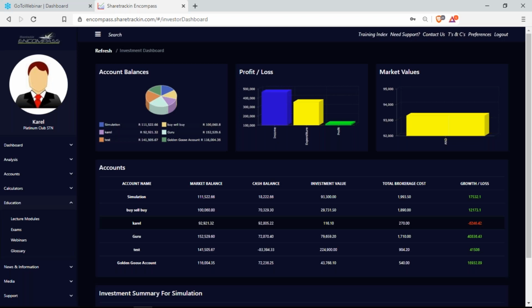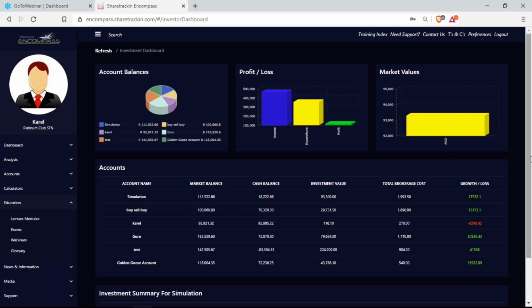Okay. So first of all, you get to your investment dashboard. Your investment dashboard is the page where we will see exactly what's going on in our accounts. As you can see, I, for instance, have multiple accounts, and here I will see how much growth or loss I made.